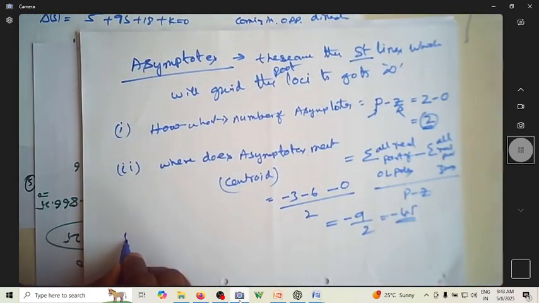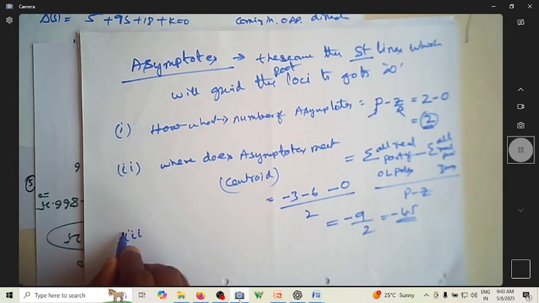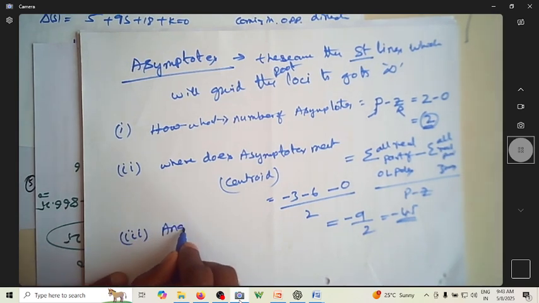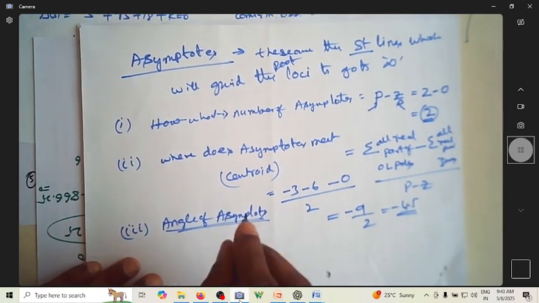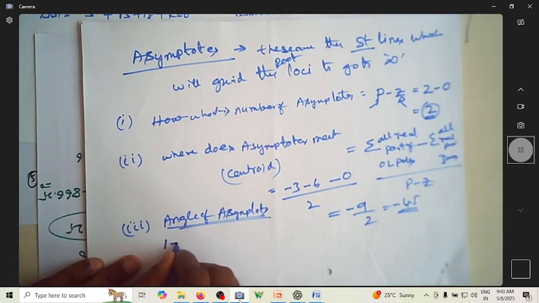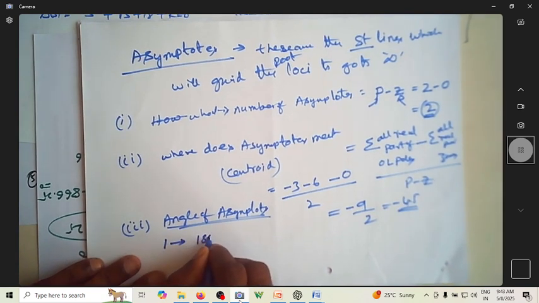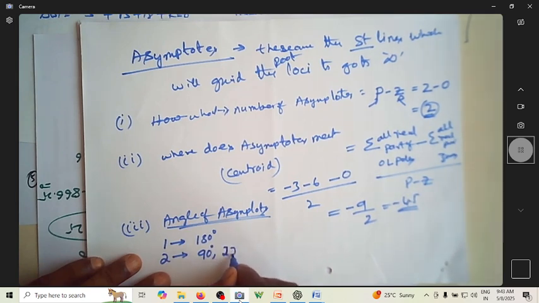Next important point is the angle of asymptotes. This angle of asymptotes is always common. If we have one asymptote, then it is lying at 180 degrees. If we have two asymptotes, then one is at 90 degrees, the other at 270 degrees.